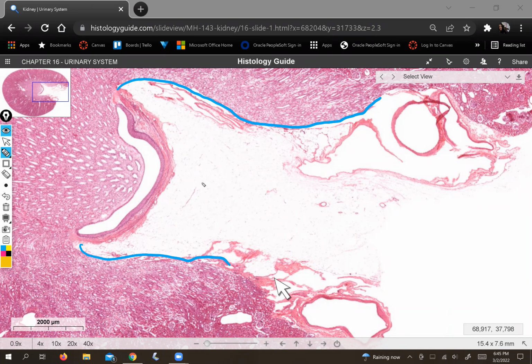It's not empty space. So adipose tissue and small amounts of connective tissue are what is in the renal sinus. It's the part of the kidney in the hilus or hilum that is not kidney tissue.